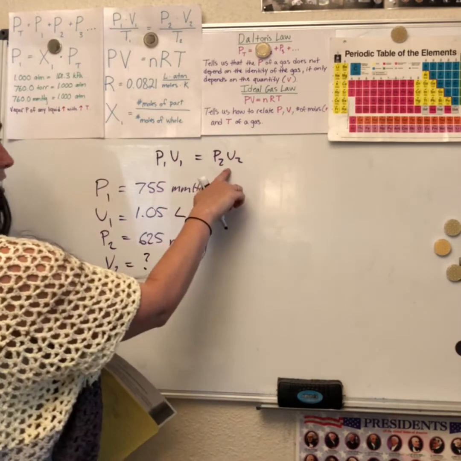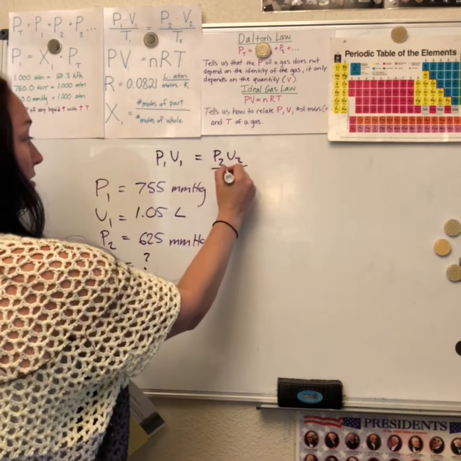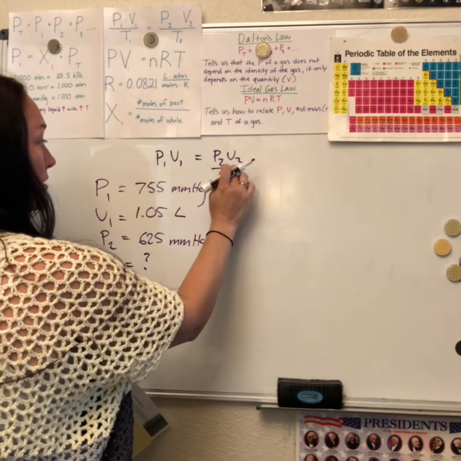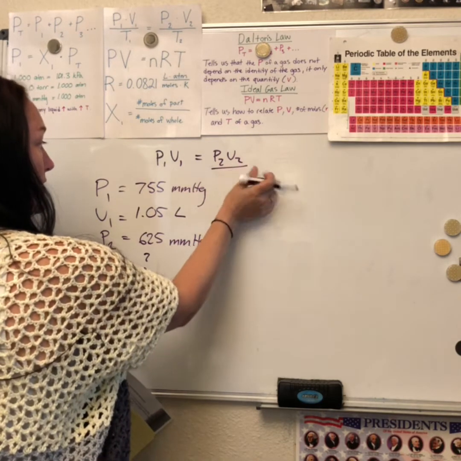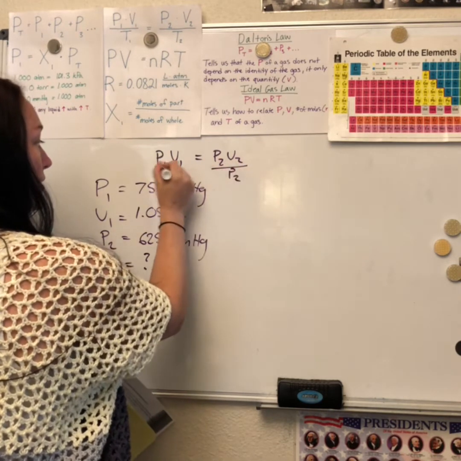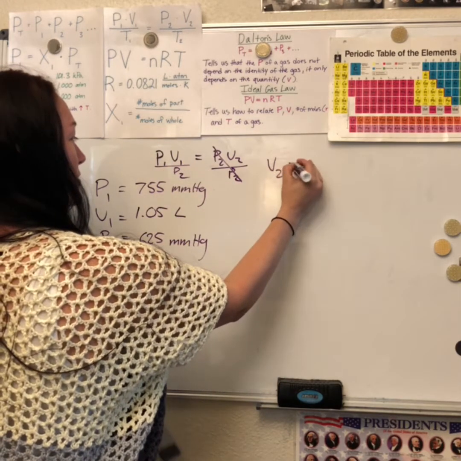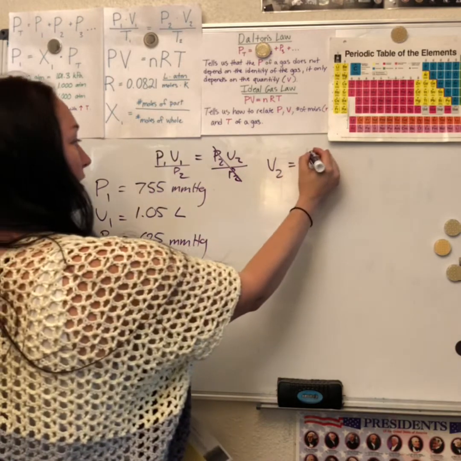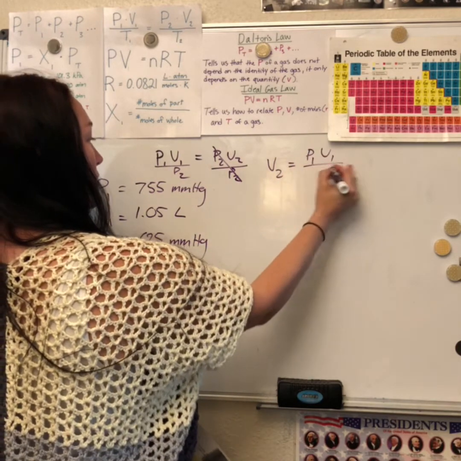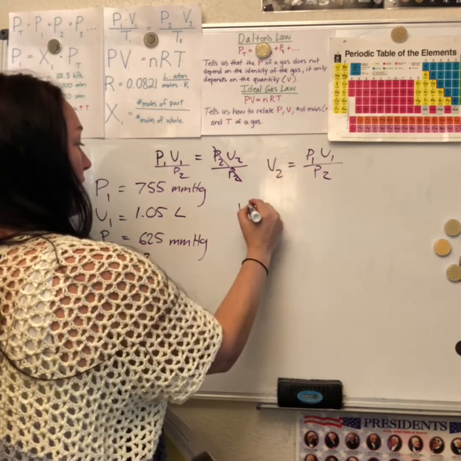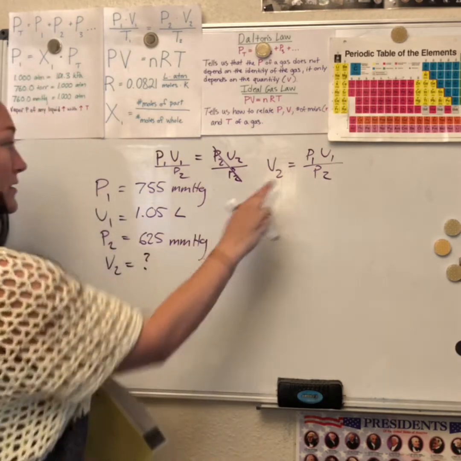So let's rearrange to get our V2 by itself. We just use a little bit of algebra. So do P2, this cancels. I'm always going to rewrite it so that I can see it plainly: V2 equals P1, V1 over P2. Now I'm just going to plug my stuff in.